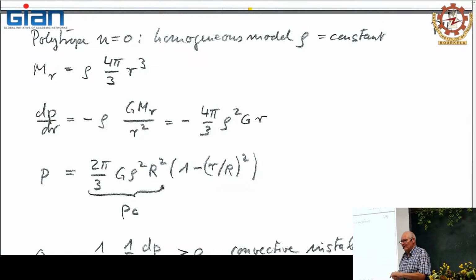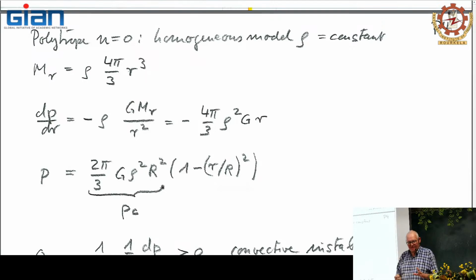The polytrope of index n equal to 0 is a so-called homogeneous model, which means the density is constant. Again, we have to distinguish between incompressible and homogeneous.